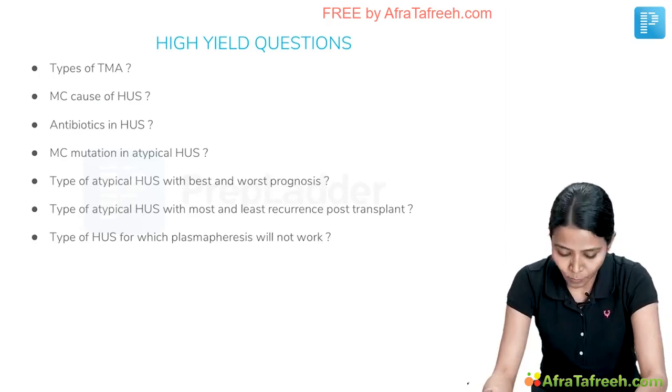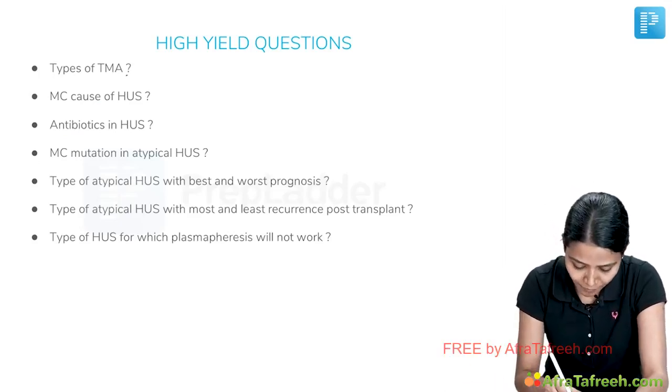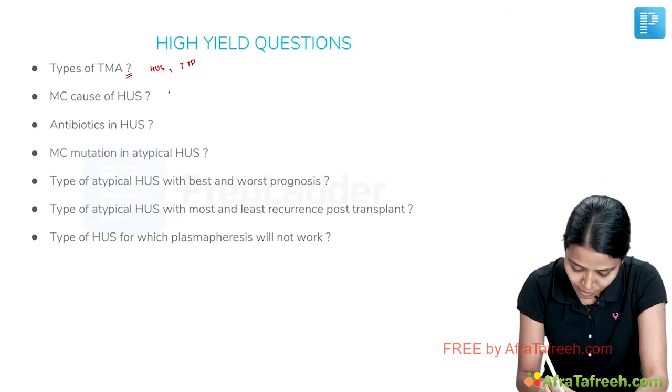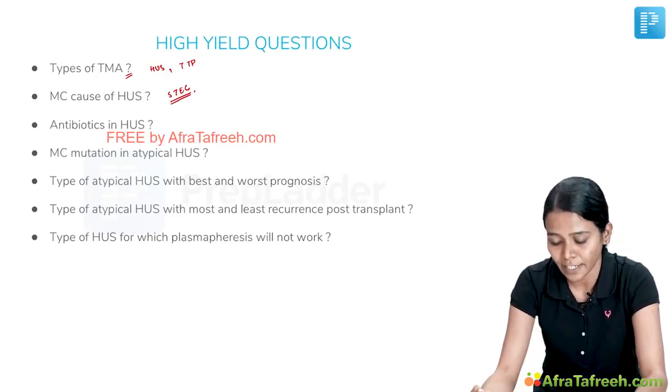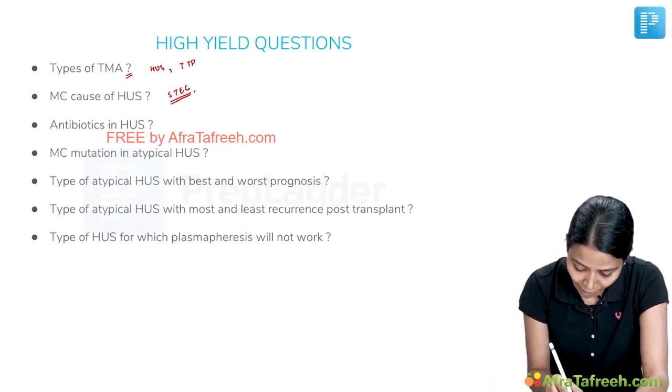Finally, coming to the high yield questions. Types of TMA, we know there are two types, HUS and TTP. Most common cause of HUS is Shiga toxin associated HUS, which is mostly seen in children less than 5 years of age.